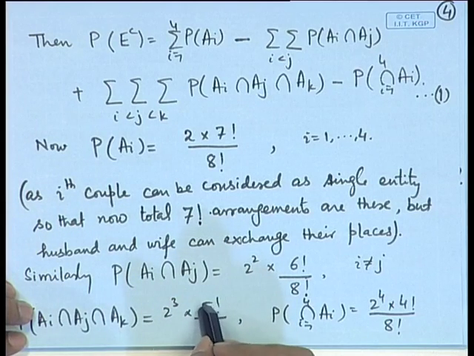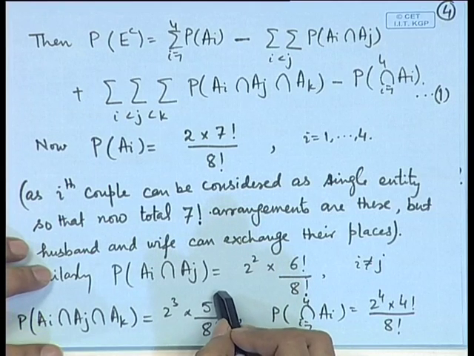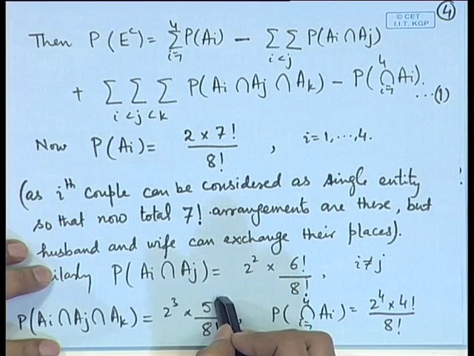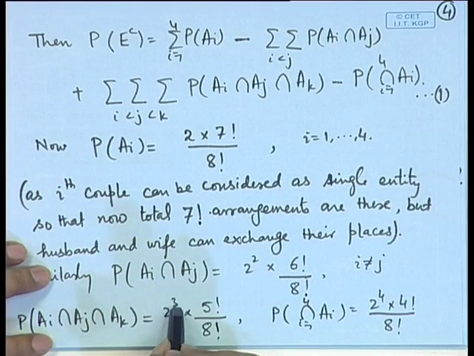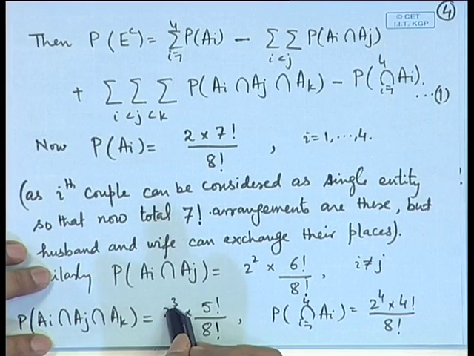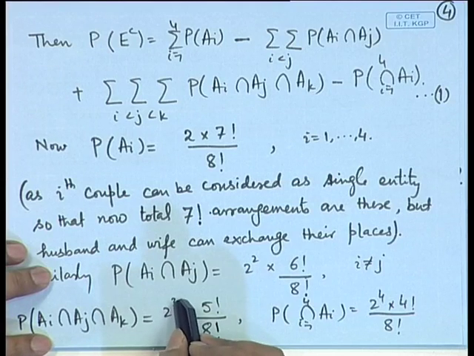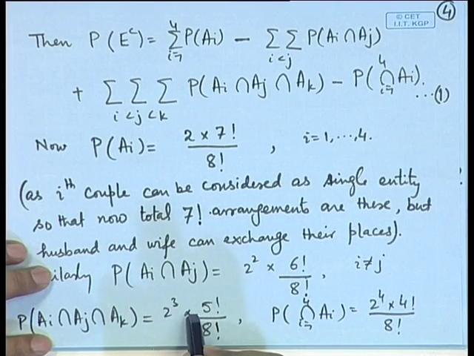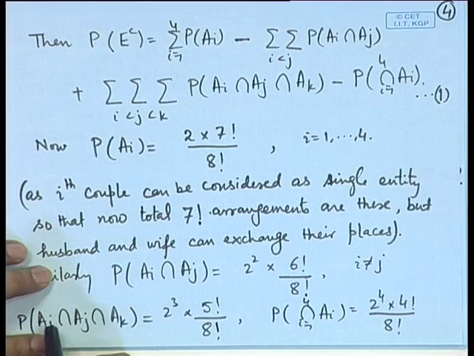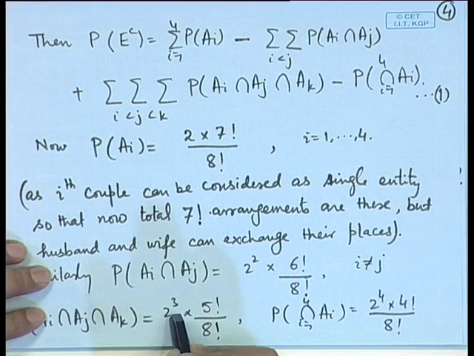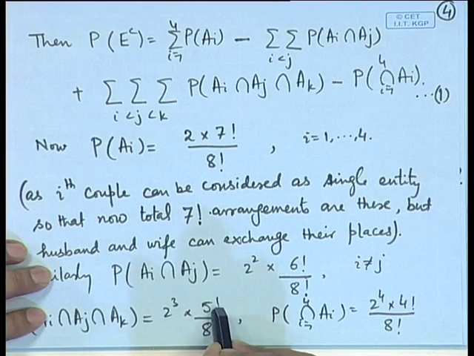So, the total number will be 5, and therefore, these can be arranged in 5 factorial ways. Now, in each pair the husband and wife can interchange their places, and therefore, each of them will have 2 arrangements, so 2 into 2 into 2, 3 times. So, the total number of cases that the ith, jth and kth couples sit together is 2 to the power 3 into 5 factorial divided by 8 factorial.